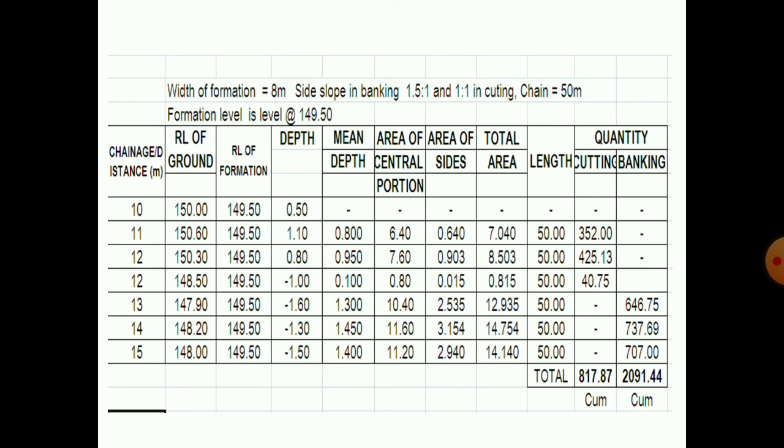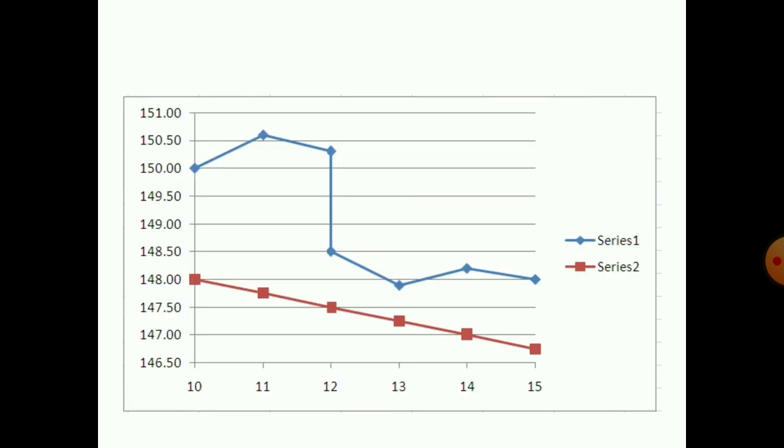So in the banking area you have to take S as 1.5, and in the cutting area you have to take S as 1. So the total quantity of earthwork will be, in banking, 2091.44 cubic meters, and in cutting 817.87.